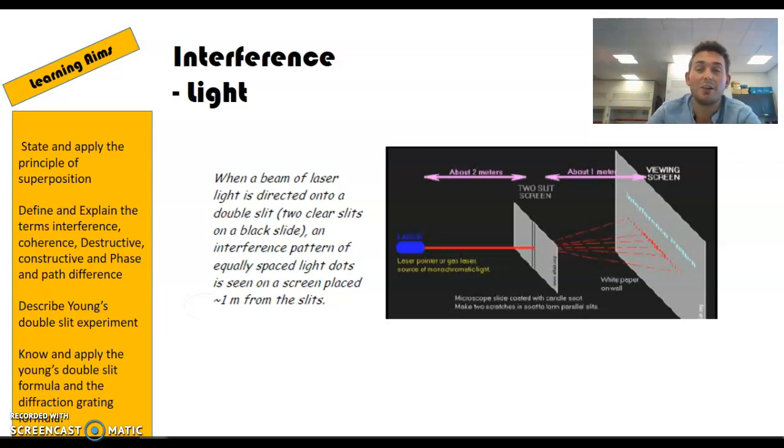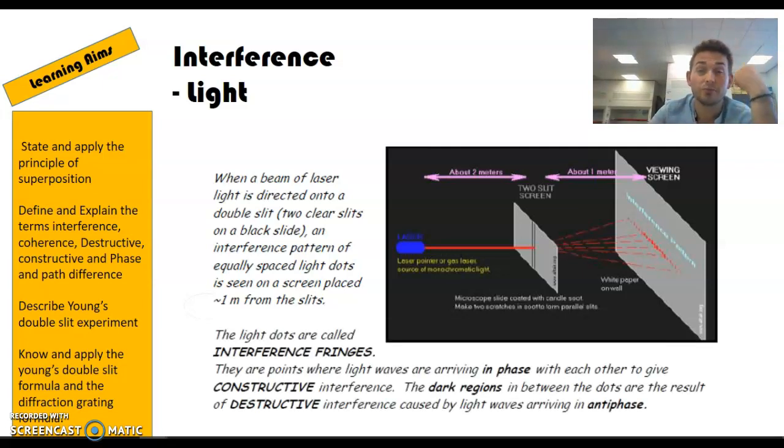The cool thing about the light one is it makes this beautiful pattern of light and dark spaces, fringes we call them, on a screen if you make it do it, and that's very, very useful. We call these interference fringes, and we can actually work out the wavelength of that light using it.